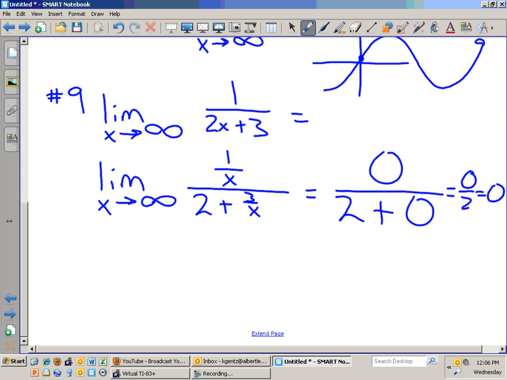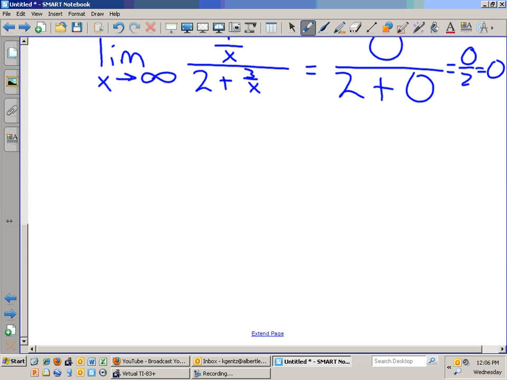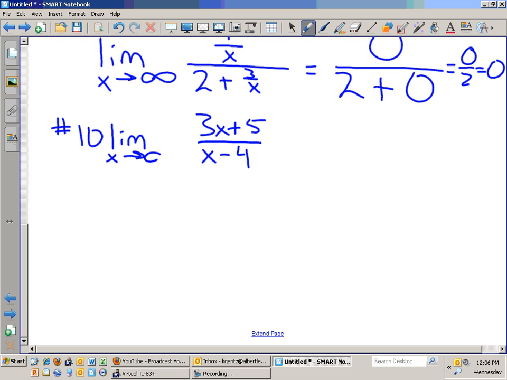Okay? Let's try the next one. Let's try number 10. Limit as x goes to infinity of 3x plus 5 over x minus 4.